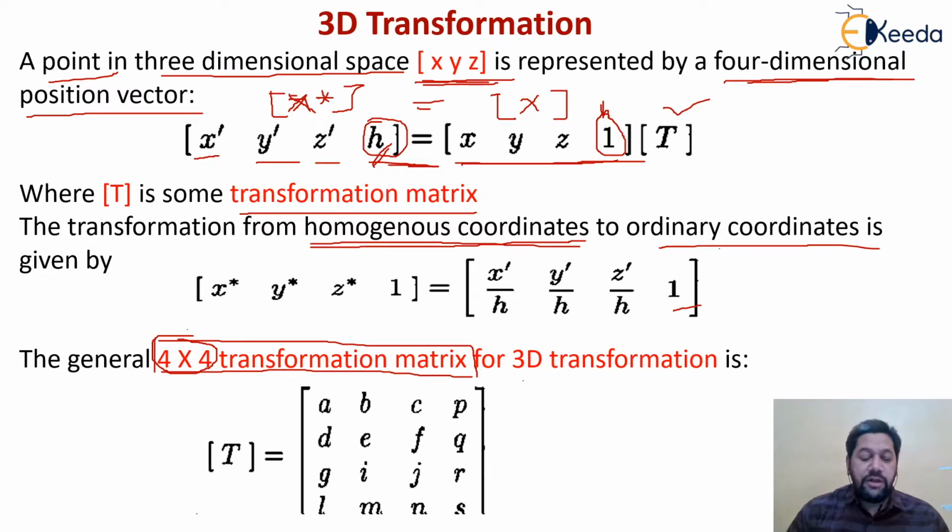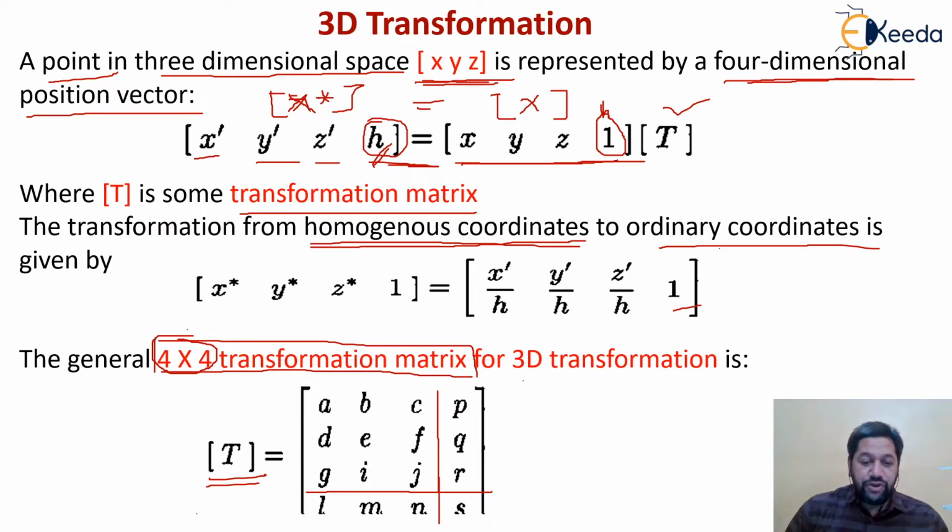Here t is my transformation matrix, which is 4 by 4. Generally we represent it in a 3 by 3 form. I just divide this matrix into submatrices for simple understanding, so you come to know how these numberings are given.